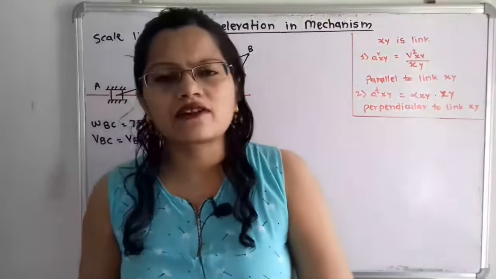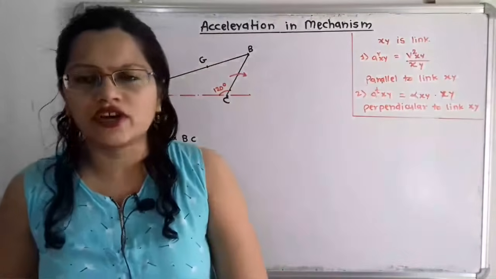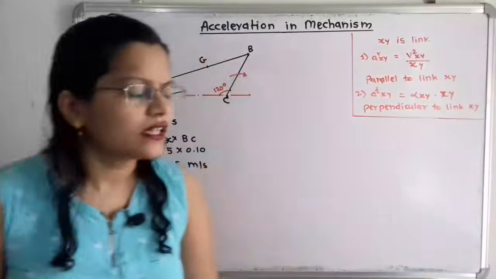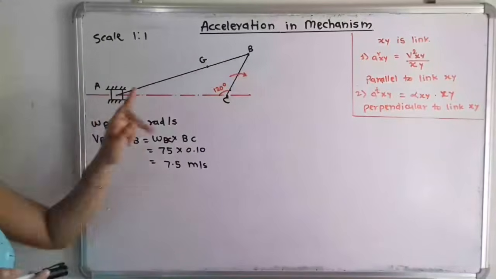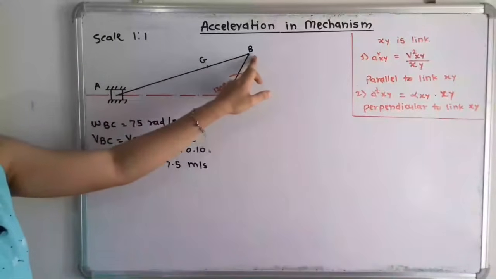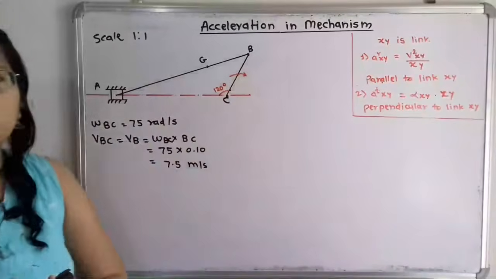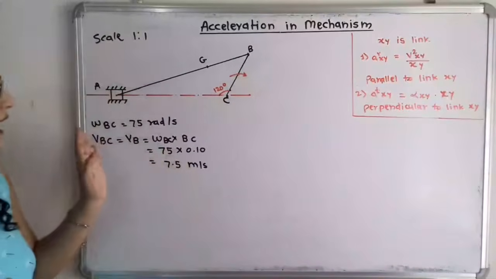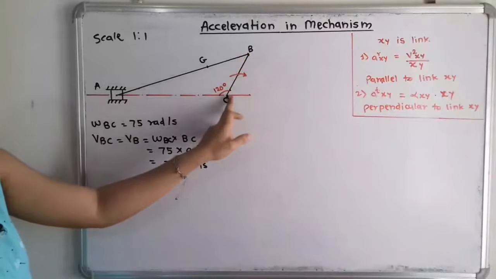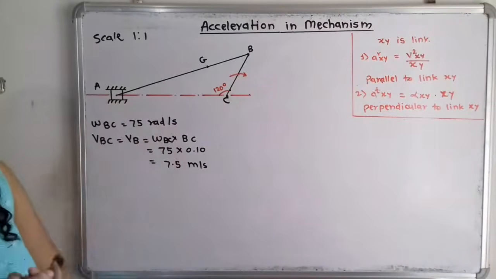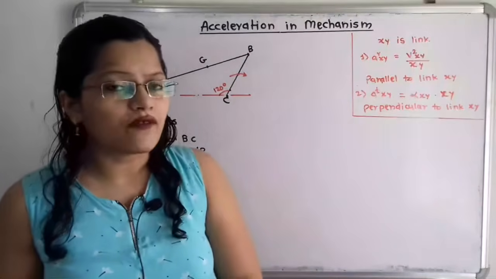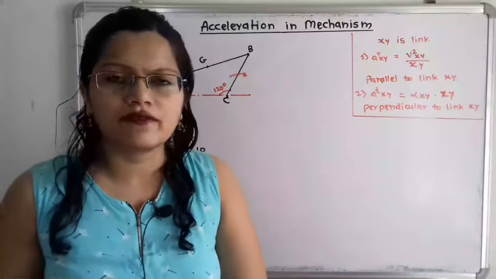Now we will calculate the linear velocity of this crank. Here the angular velocity omega is given. Point B is rotating about the fixed point C, so we can say the angular velocity of B with respect to C, omega BC, is equal to 75 rad per second. From this omega we have to calculate the linear velocity.